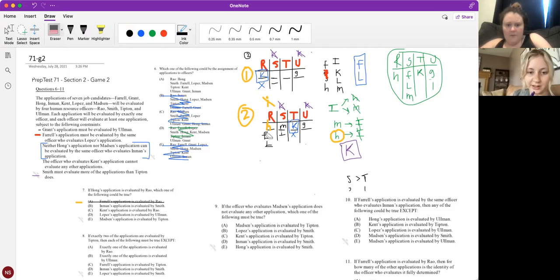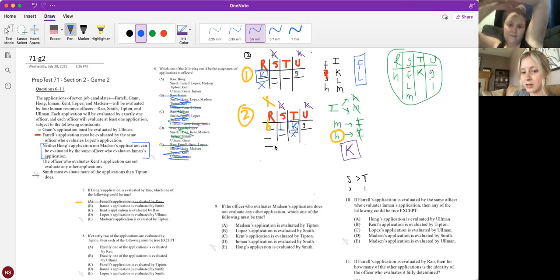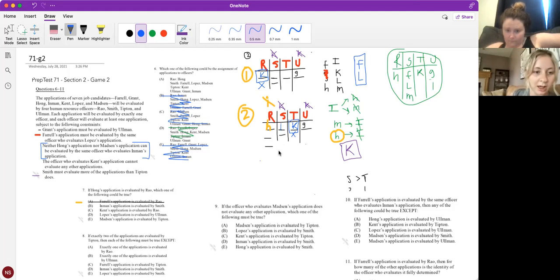Okay, what about B? Inman is evaluated by Smith, so I would go under S. Who else could potentially be there with I? That's going to be our biggest problem, finding someone to go with I. Not H, not M, not G and not K. L or F, so they would have to go together.